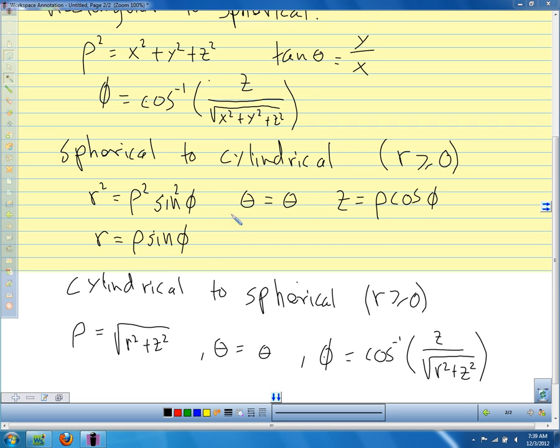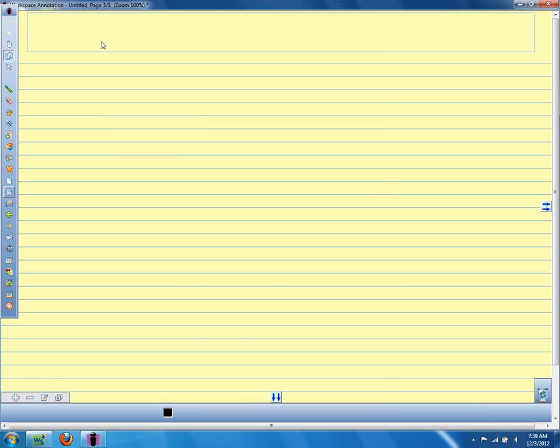If you ask me what these were other than these, I probably wouldn't be able to tell you, but I usually think of going back and forth from rectangular to spherical and then apply that to cylindrical. All right, any questions? Let's look at some examples. We're going to do some conversions.